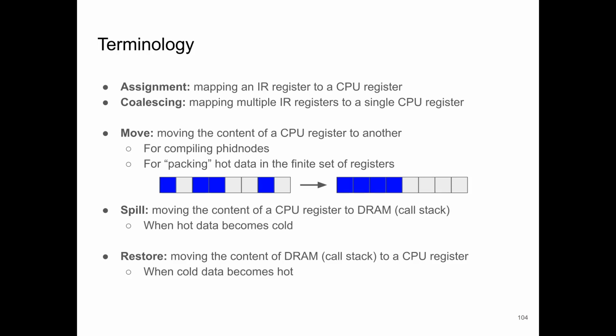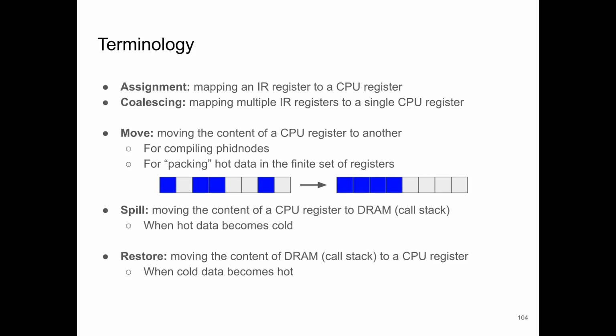So if such temporary registers are so many, we want to place many temporary registers into a single CPU register because they are not overlapping with each other, having very short lifetimes. So wisely coalescing multiple registers is a key to a good performing register allocator.